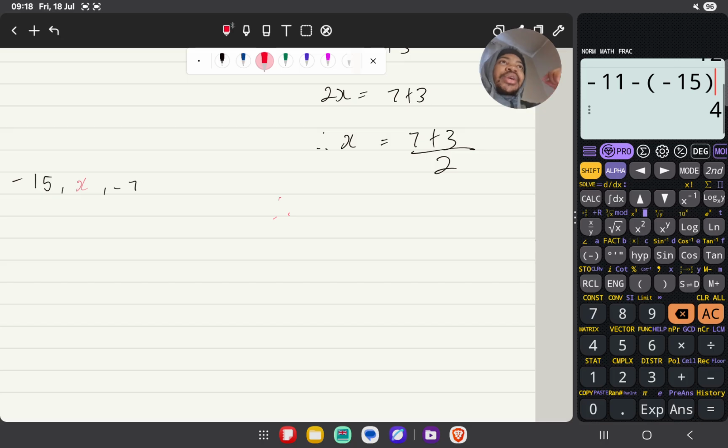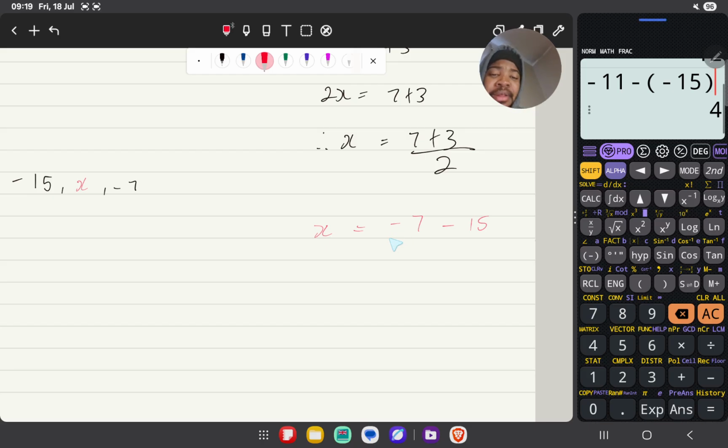Because you know what an arithmetic mean is. You know what I'm talking about, even if I don't say the word arithmetic mean. You know exactly this guy's talking about the arithmetic mean, which you get by adding the two numbers. Here it doesn't really matter: minus 7 plus minus 15 is minus 7 minus 15, or minus 15 minus 7.